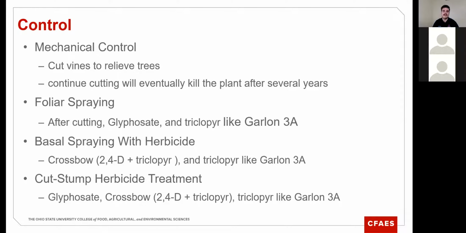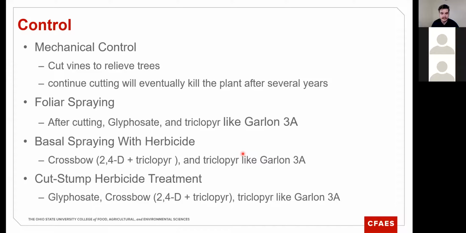Again, I recommend the cut stump herbicide treatment, where you cut it and then apply directly to that either glyphosate, Crossbow, or triclopyr. A lot of these are very similar when it comes to these invasives, especially the woody perennials.